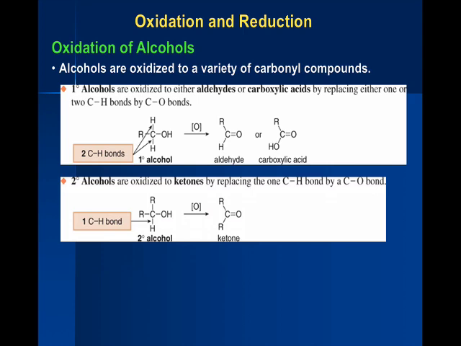Secondary alcohols, regardless of what oxidizing agent you use, will give a ketone because there is only one CH bond that can be removed. There's not two of them like we have up here, and so we can only do a single oxidation to give a ketone.